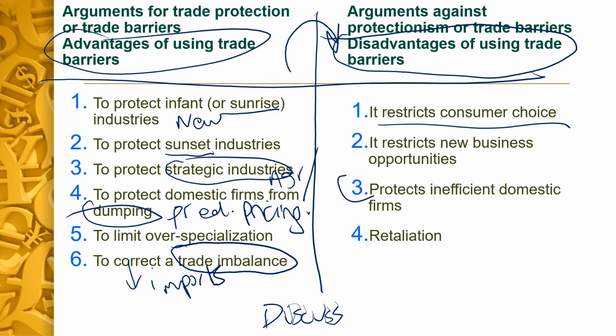The third one is it protects inefficient domestic firms. They will be protected from overseas competition, and they will continue to be inefficient since there is no competition. And the fourth one, or the last one, is retaliation, which means other affected countries will retaliate against trade barriers.